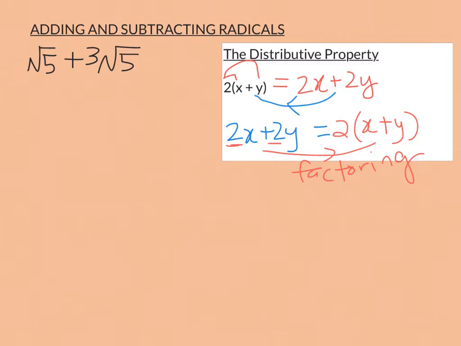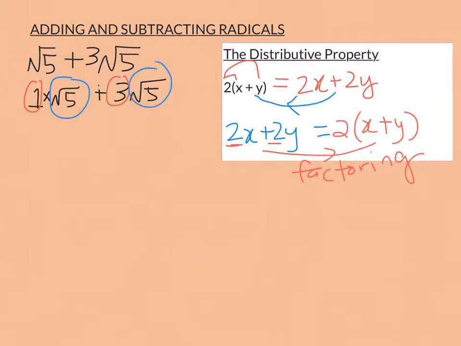Let's go back to the example of square root of 5 plus 3 times square root of 5. Square root of 5 can be rewritten as 1 times square root of 5, and 3 square root of 5 is written as 3 times square root of 5. We can see that each term is made up of 2 factors, a numerical factor, 1 and 3, and the radical factor, which is square root of 5.